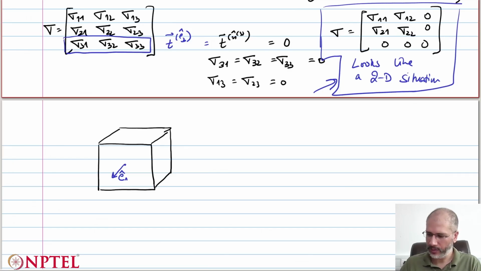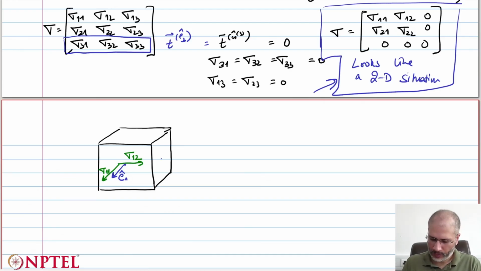So that basically means that I have a normal component of traction here, which is sigma 11, and a component along the E2 hat direction, which is sigma 12. So there's no sigma 13 because sigma is symmetric, so sigma 31 and sigma 13 both were 0.